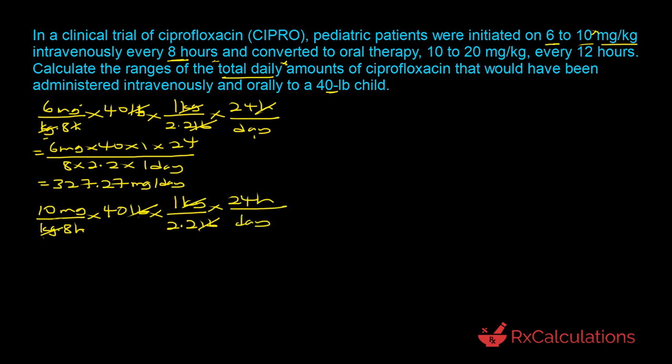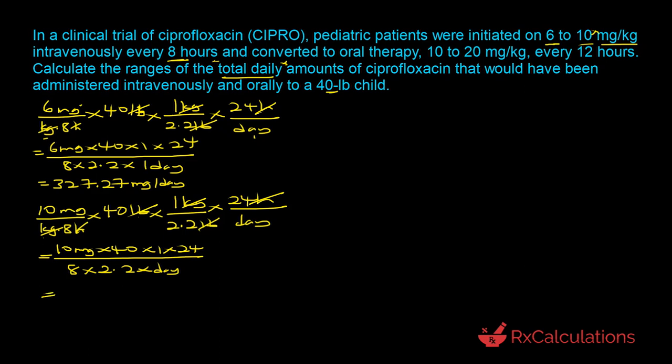And so now we can go ahead and multiply all the terms in the numerator and divide by everything in the denominator. So we have 10 milligrams times 40 times 1 times 24 divided by 8 times 2.2 times a day. Now notice that the hours would also cancel out, so I didn't include that in the math here.